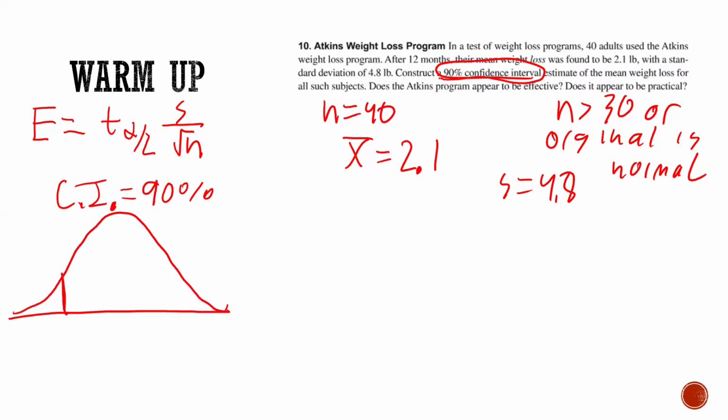Means that we have this distribution. We want to find out what's the 90%, right, interval here, right? Okay, so now tell me the degrees of freedom. All right, so our degrees of freedom here is 39, and we want 90% of our area to be in the middle.